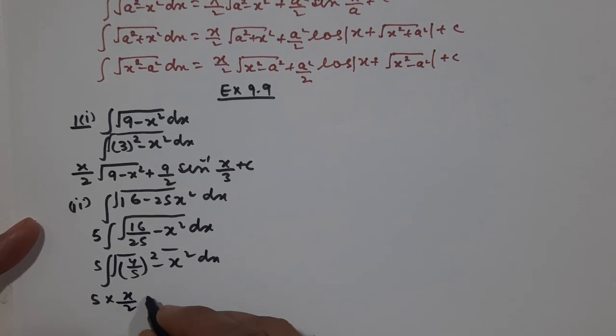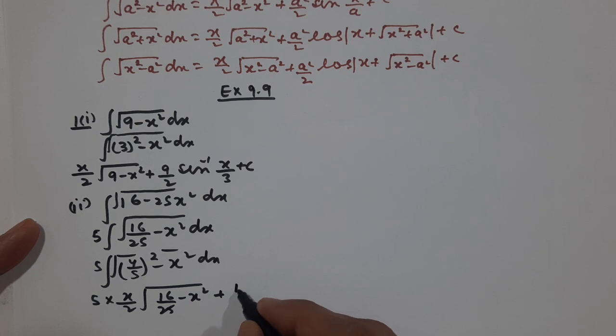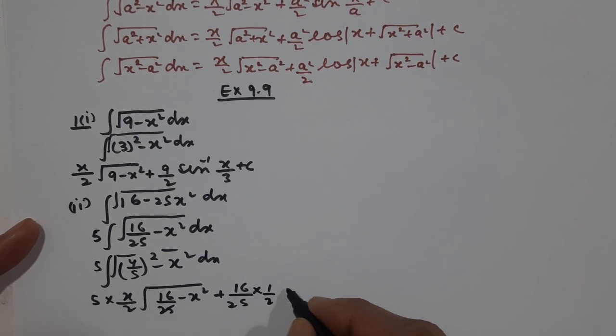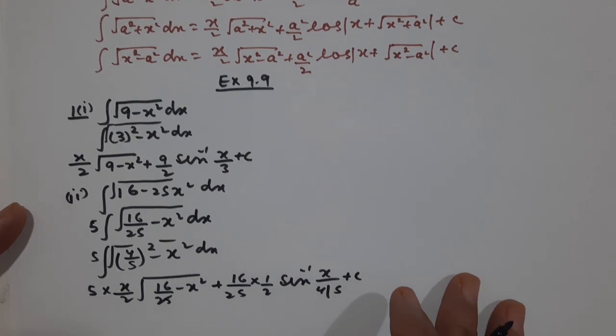The formula gives x upon 2 under root 16 by 25 minus x square plus a square upon 2, that is 16 upon 25 into 1 by 2, sin inverse x upon a plus c.